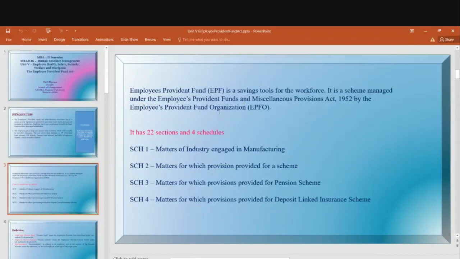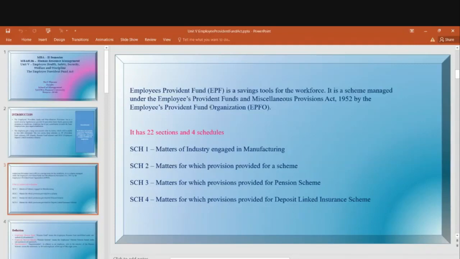This is the organization meant for utilizing the funds properly, and it has to give the funds after the retirement of the particular employee. It is the organization meant for taking care of the funds under Provident Fund.